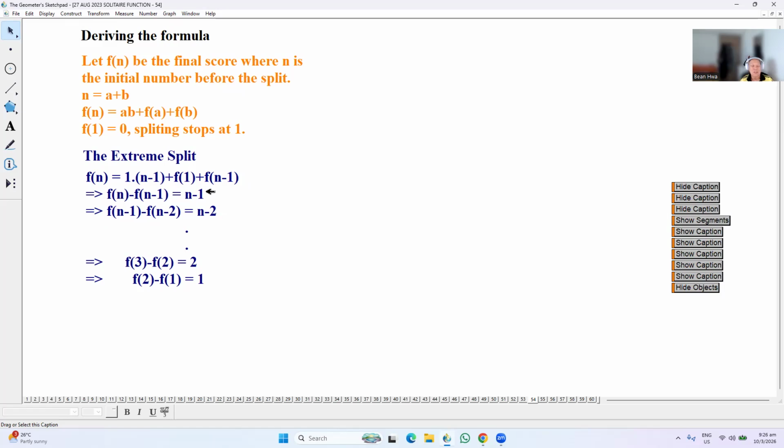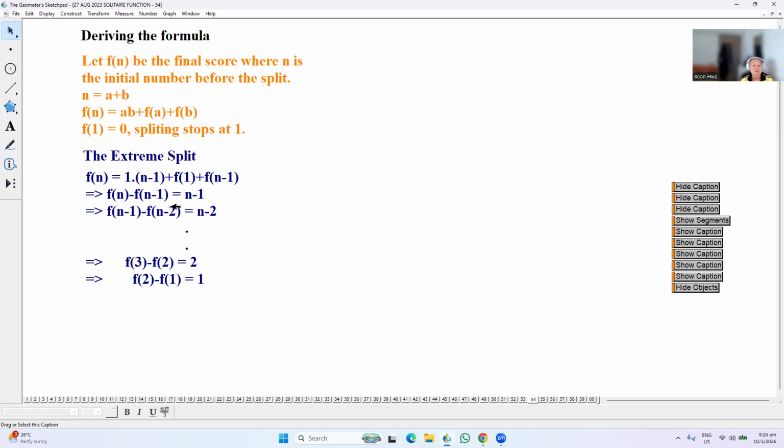So if we go down all the various steps, we have F3 minus F2 equal to 2, and then finally F2 minus F1 equal to 1. And if we add all the lines, on the left side, we notice you have Fn and minus Fn cancel.